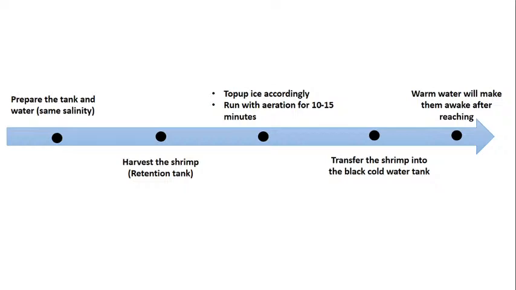Usually when they transfer the shrimp into the normal water temperature, the shrimp will slowly wake up again from the sleeping. Based on our experience, when they are sleeping and want to wake up again in the normal water temperature, it will need about 10 minutes.